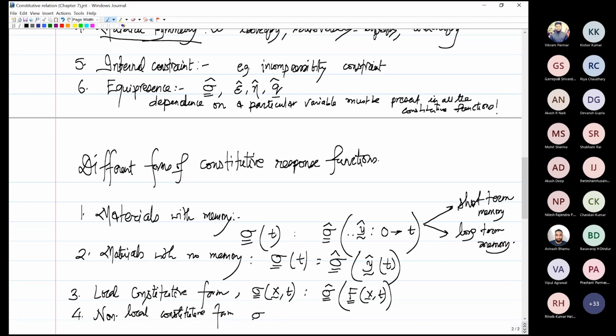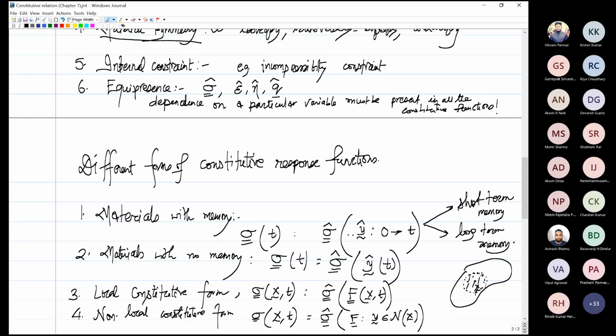Whereas non-local would mean you have a response function such that it depends on F for all y in some neighborhood of x. So suppose this is a body and you are looking at point x, then the response at x depends on some neighborhood of x, so on the values of y in the neighborhood of x.